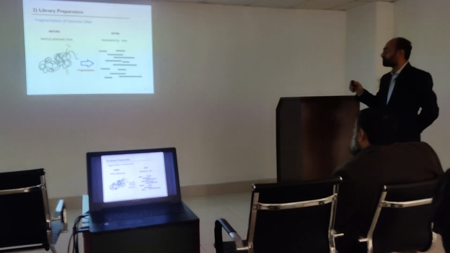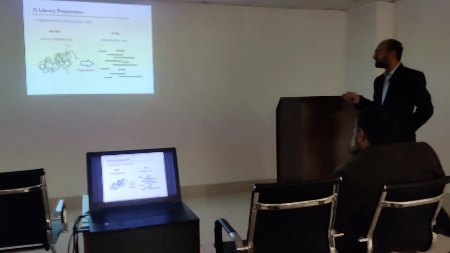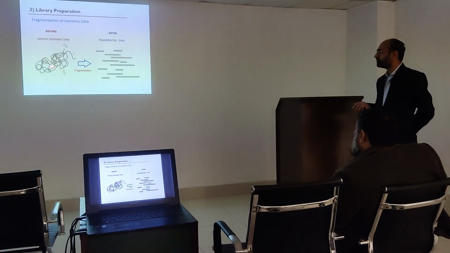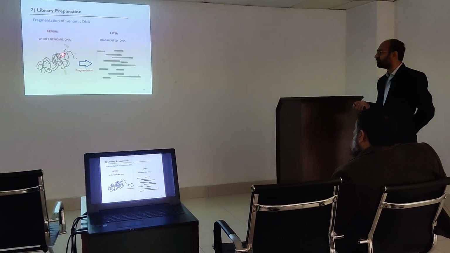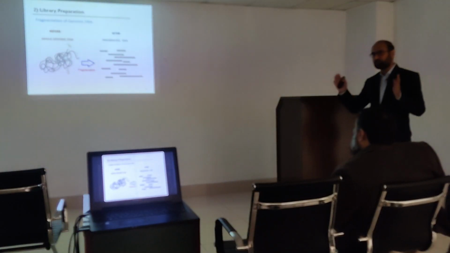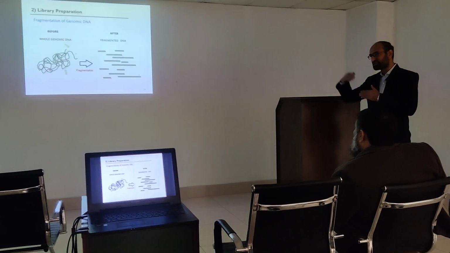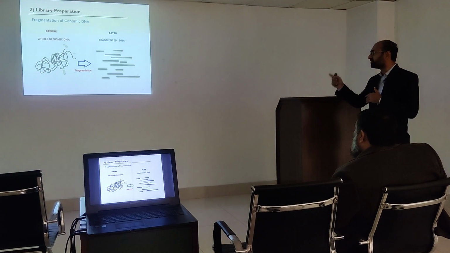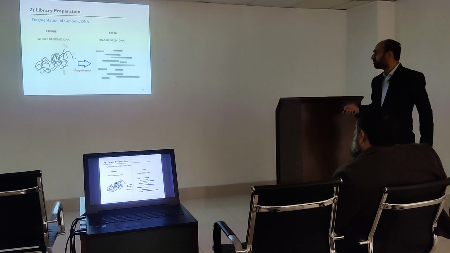What was happening in Sanger sequencing, we amplified only one portion of DNA into millions of copies. Those fragments were equal in length and the sequence was the same. But here, with the genomic DNA, we do not amplify.